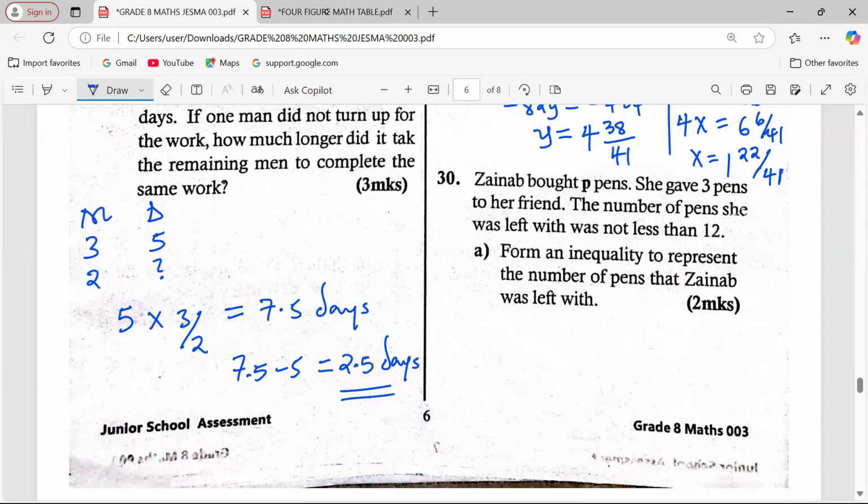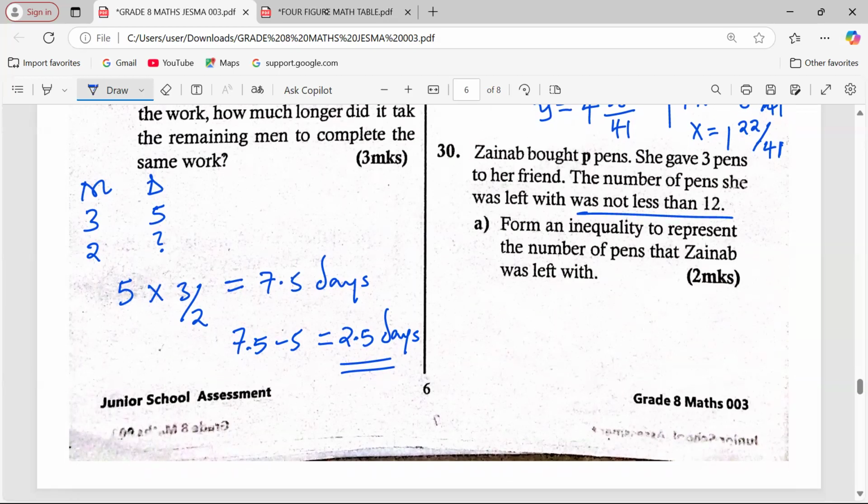Number 30. Zainab bought p pens. She gave 3 pens to her friend. The number of pens she was left with was not less than 12. Form an inequality to represent the number of pens that Zainabu was left with. So initially, they were p pens, but she subtracted 3 to give to her friends.